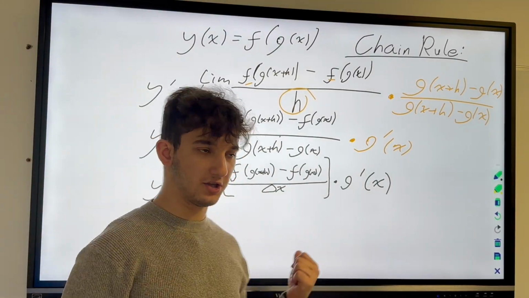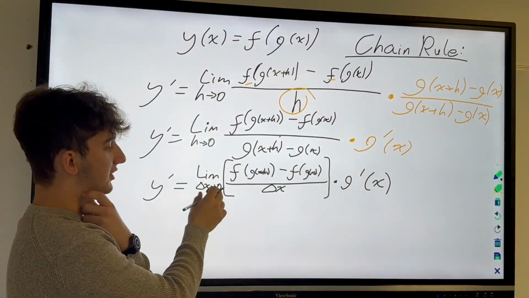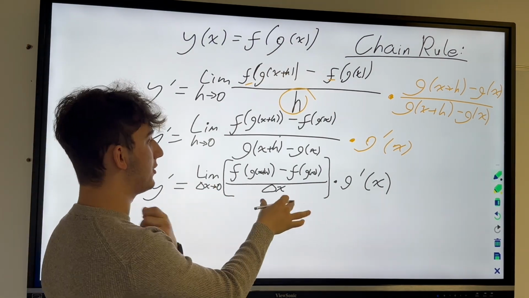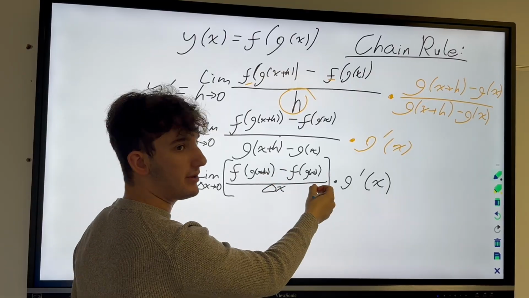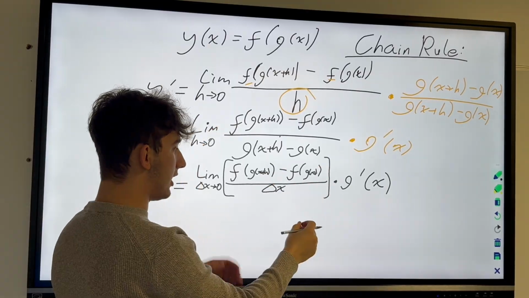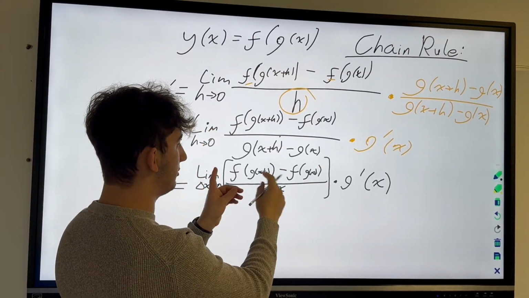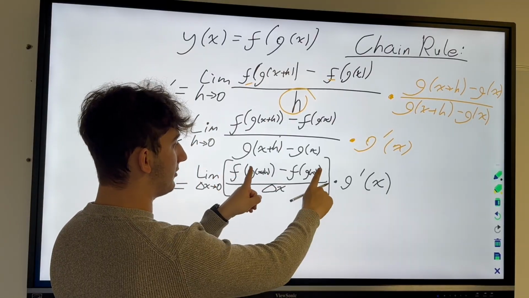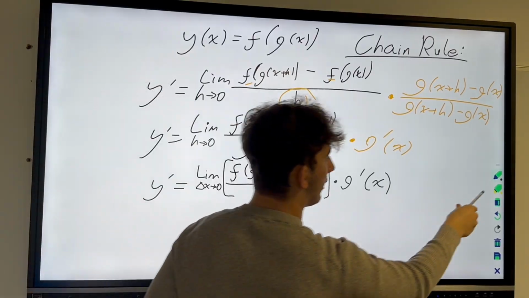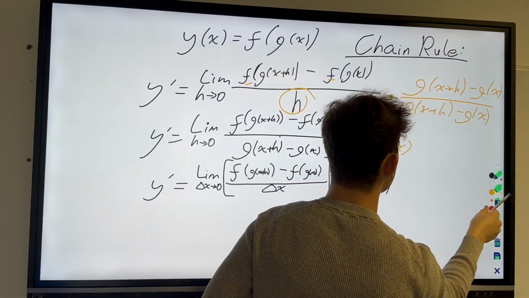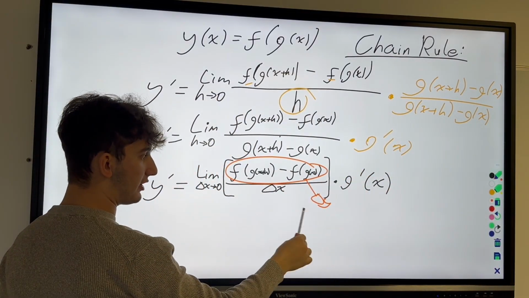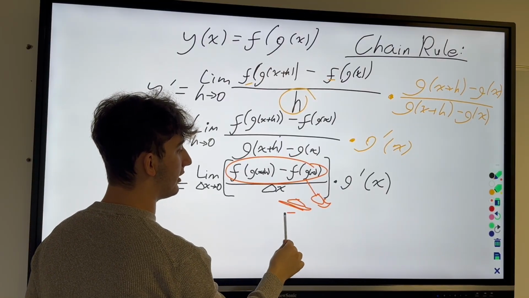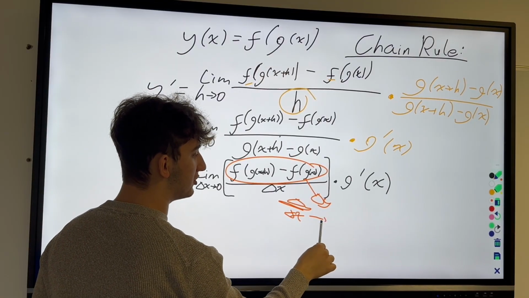So then, going back to this part here, if we say that our little change in x is going to 0, and we've got our point A at g of x plus h, and our point B at g of x, once again we're saying apply a function f to them, make them come together. This part right here, let me circle it, is just going to be our delta y. So we've literally got a delta y over a delta x as it goes to 0.